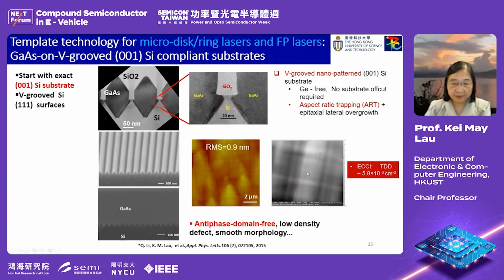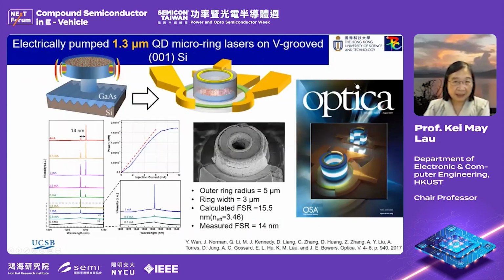And the defect density can be as low as mid 10 to the 6 threading dislocation density, and this is interface domain free, or interface boundary free. And so we reported this back in 2015.